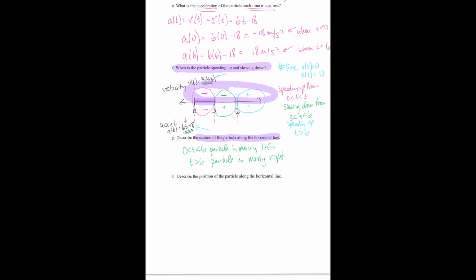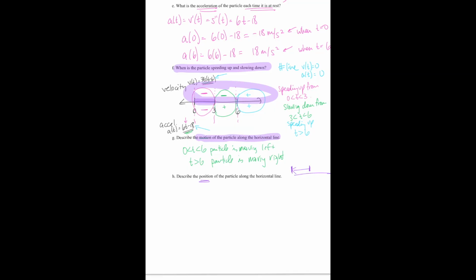Okay, so then this last question is talking about the position of the particle. Now we just said the particle moves to the left, then it turns around and it moves to the right. That means for this question H, I want to know where it started, how far did it go to the left, and then it turns around and goes to the right.